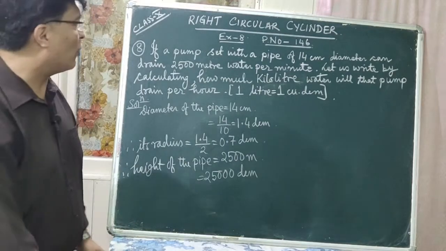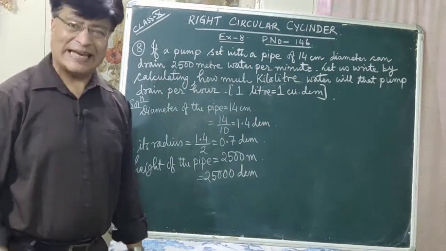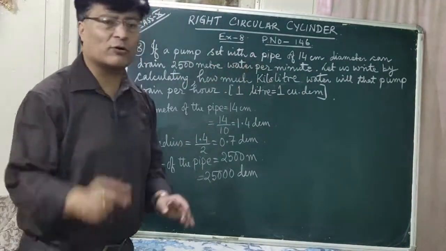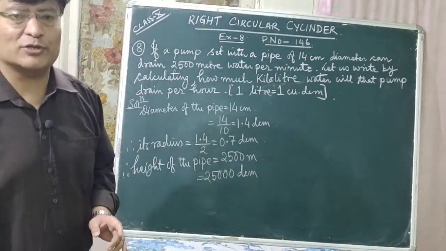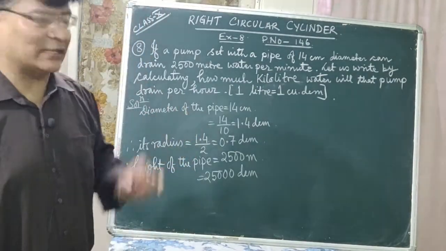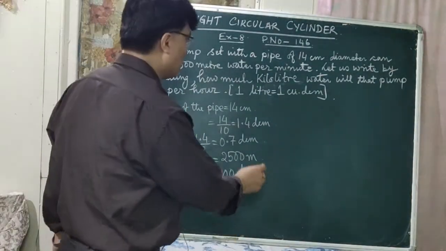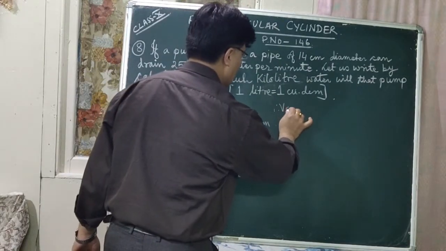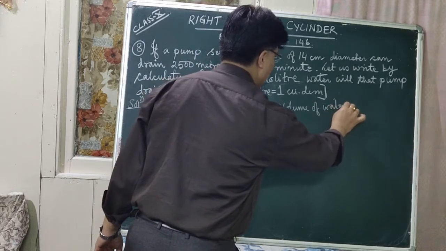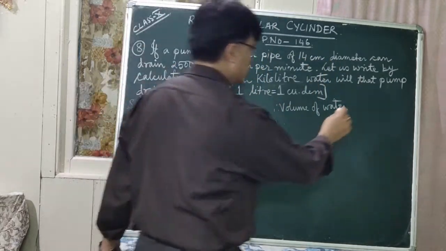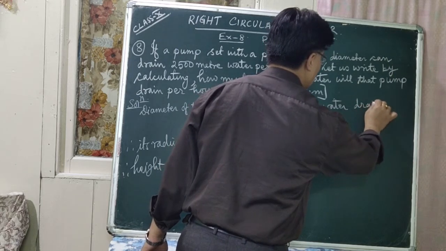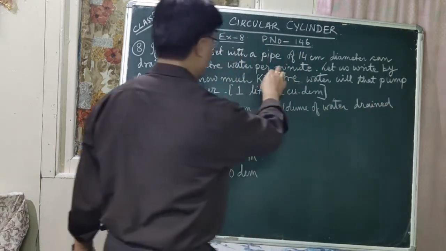So what is the volume of water per minute that the pump can drain? तो त्यो पम्पले एक मिनेटमा कति भोल्युम अफ वाटर ड्रेन गर्न सक्छ, कति भोल्युम अफ वाटर खाली गर्न सक्छ भनेर हामी निकाल्छौं. ठीक छ? So volume of water drained per minute.